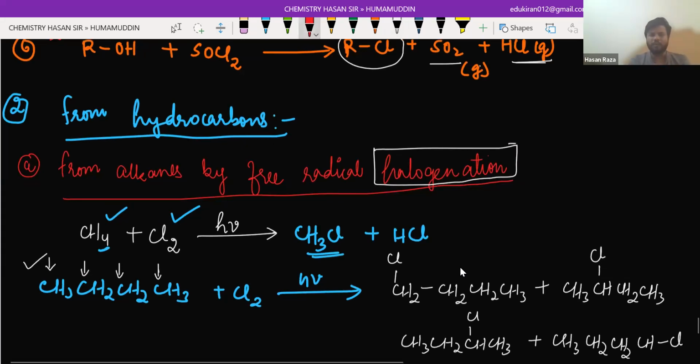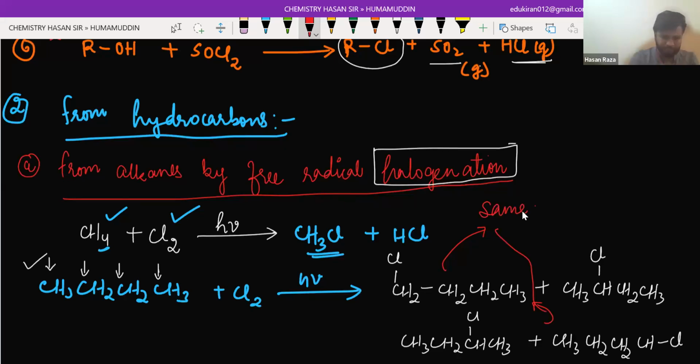Basically, if you are going to write the IUPAC, this and this both are same. This and this both are same. If you will write the correct IUPAC, you can see this is your chlorobutane and this is also your chlorobutane.